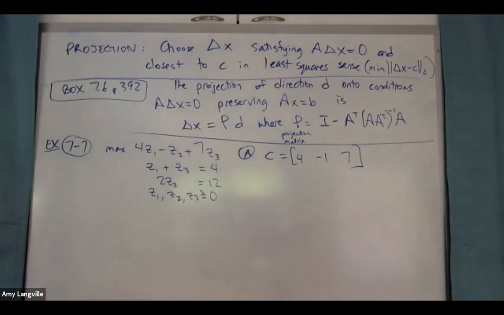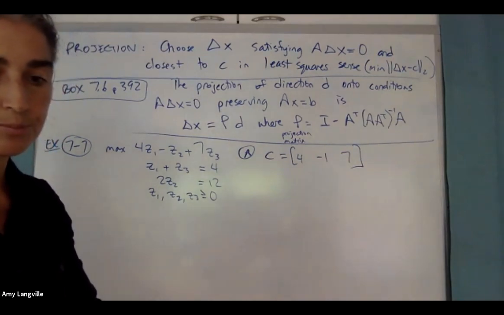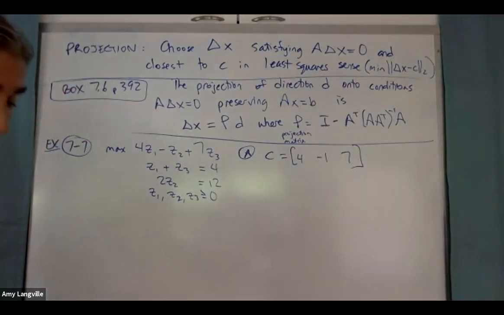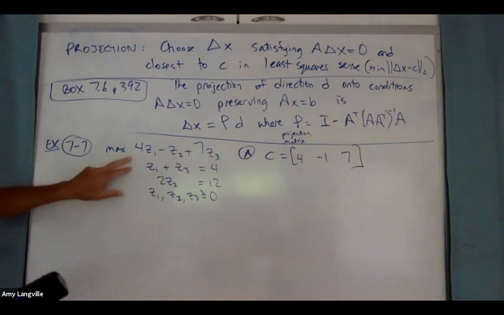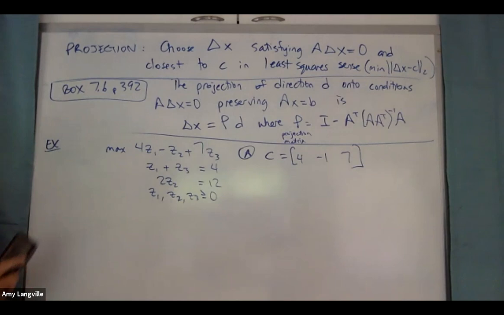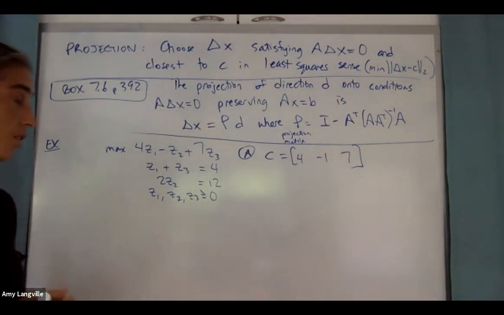In part B, they say find the projection matrix associated with this. However, I want to point out, I think I have this example from the old edition, so it's really not 7.7. This is just an unnamed example for us. But we can still answer all the parts of the question.